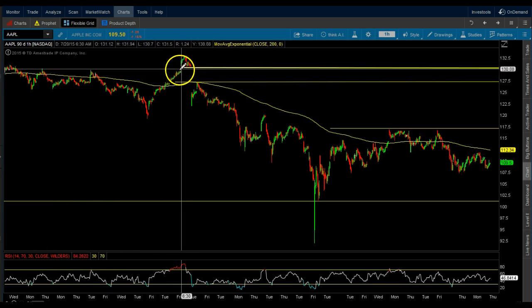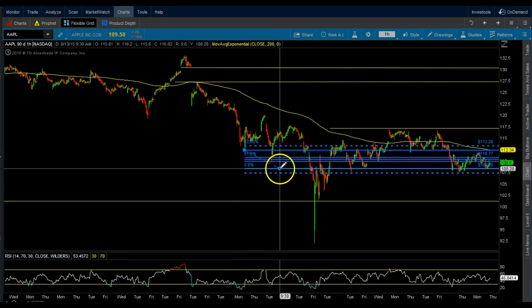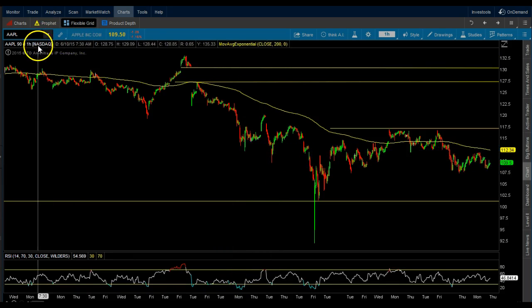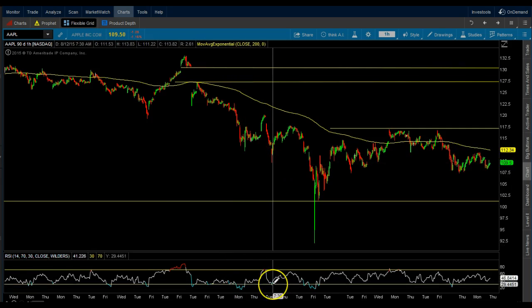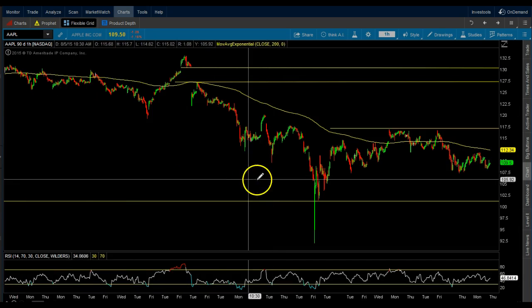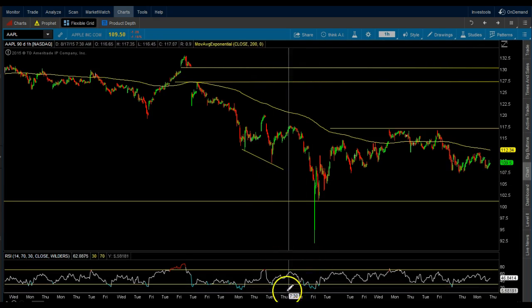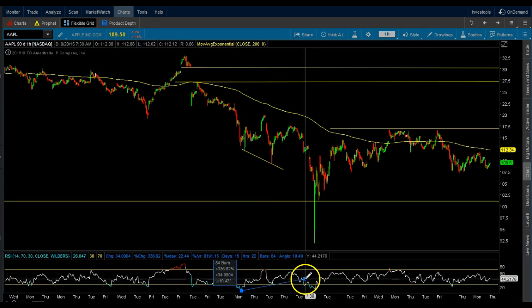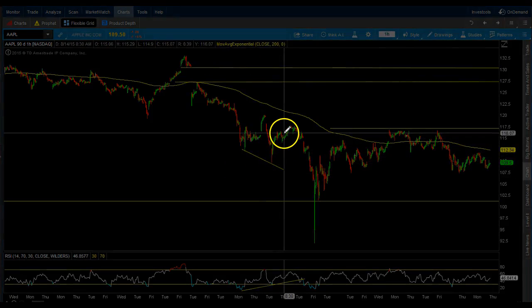Here you could see a divergence, right? As price is making new lows, the RSI is making higher lows, okay? So real quick, and again, there's a video on this that you'll see, but right here, okay, this is divergence. What happens? Buyers step in and they move up.